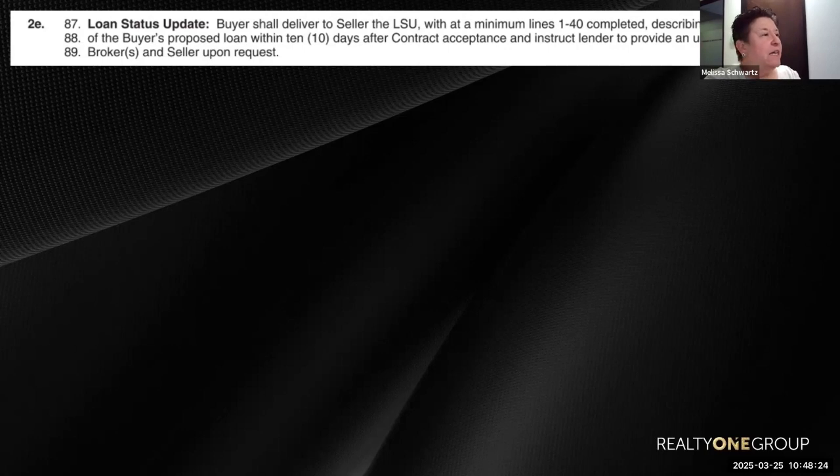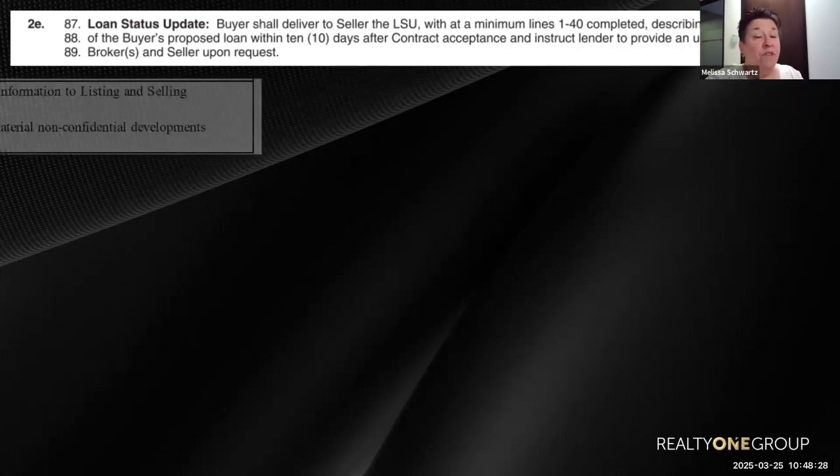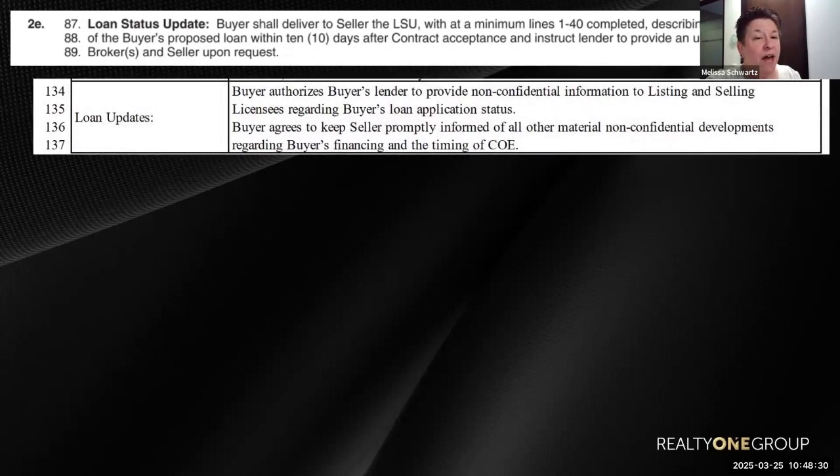So obviously the AAR form has the loan status update. The non-member is not going to have that, but they do have loan updates requested in there. So even though they don't have the form, the buyer is authorizing the buyer's lender to provide non-confidential information to the listing and selling licensees regarding buyer's loan application status.